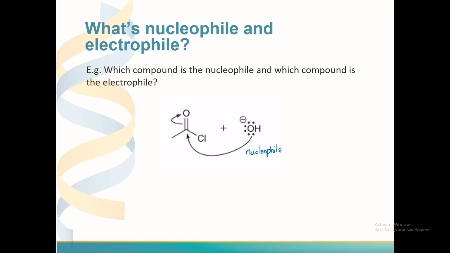Then that means this compound here is the electrophile. So that's how to determine which one is the electrophile and which one is the nucleophile. Again, this is also electron rich, and you can assume that this is electron poor.